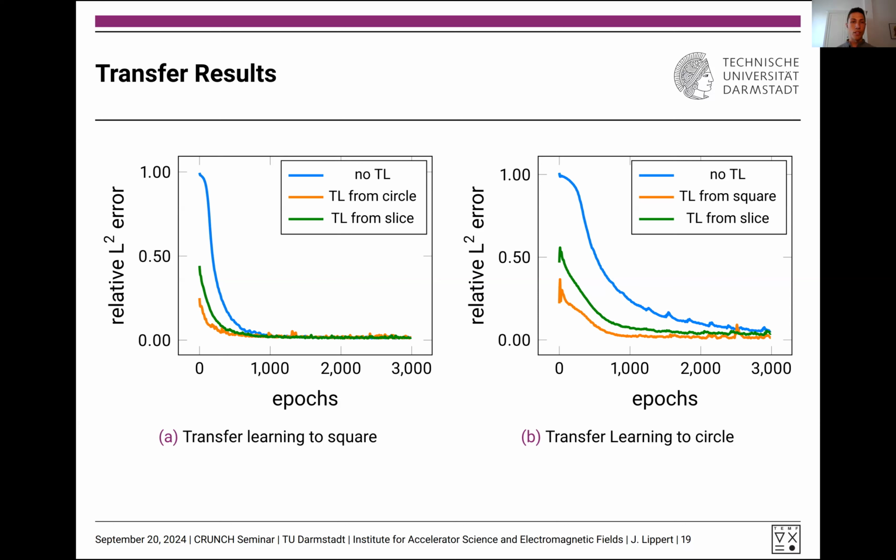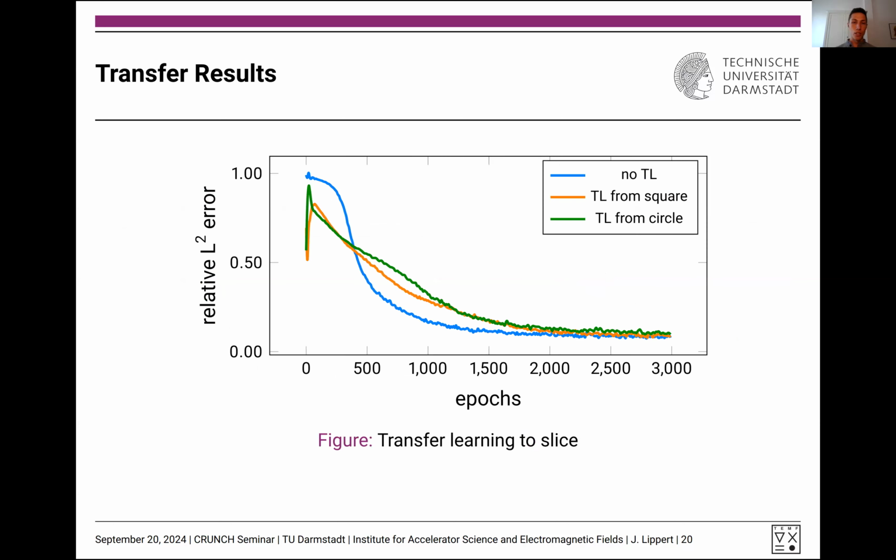On the left-hand side, we can see that on the square domain, transfer learning could significantly improve the learning process. And also on the right side, for the circle domain, we could see improvement, which is exactly what we would have expected. However, if we look at the slice domain, here the learning process was slowed down and was not as good as before. So this is quite surprising.